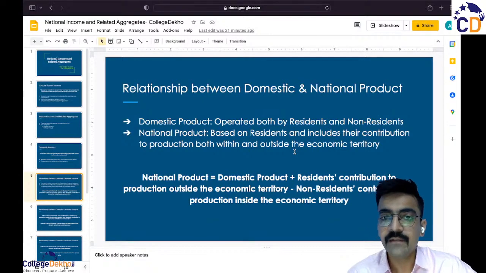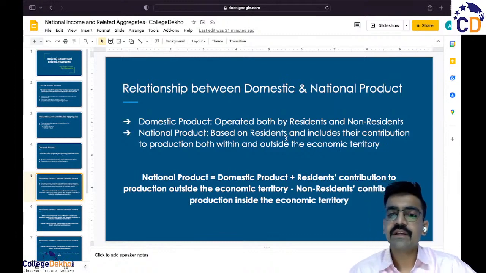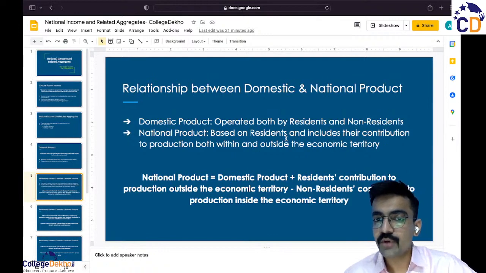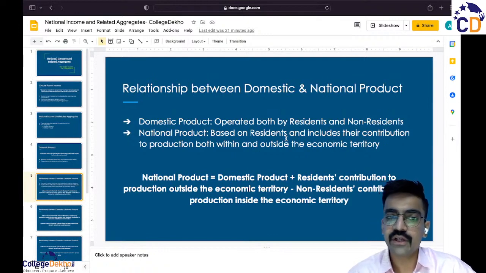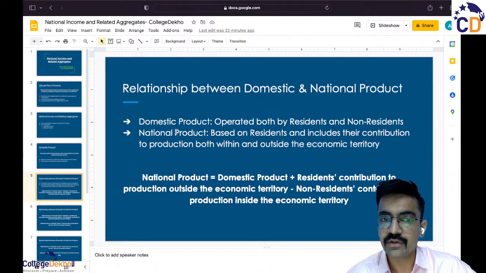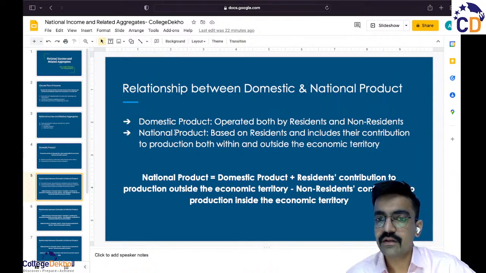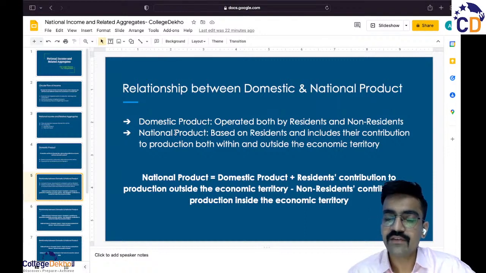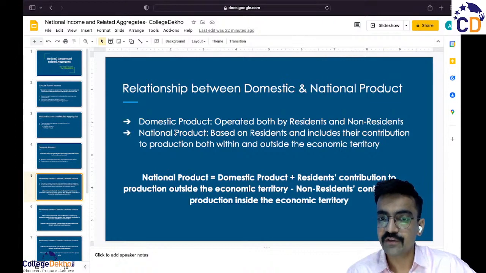Now, what does this mean? That if a resident is adding production value even outside the economic territory, even outside the economy, then even that particular production value will also be included in the calculation of national product, because this person who has this production unit is a resident of this country, first of all, right?